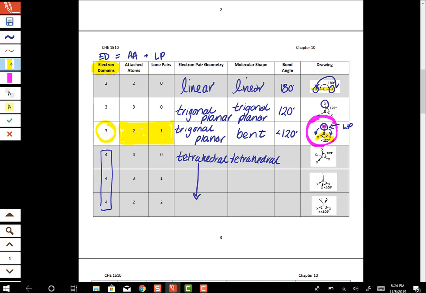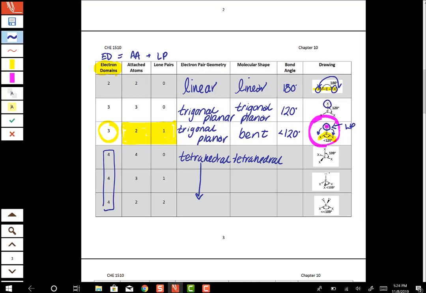But as I start to change from 4 atoms attached to now a lone pair and 2 lone pairs, what changes is the shape, which is that picture of how the atoms are arranged. So here in the example of 4 electron domains, 3 attached atoms, 1 lone pair, still tetrahedral electron pair geometry, but the shape is going to be trigonal pyramid.